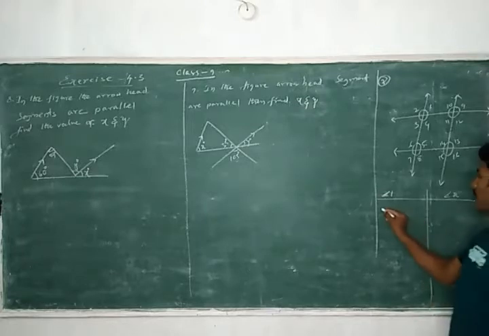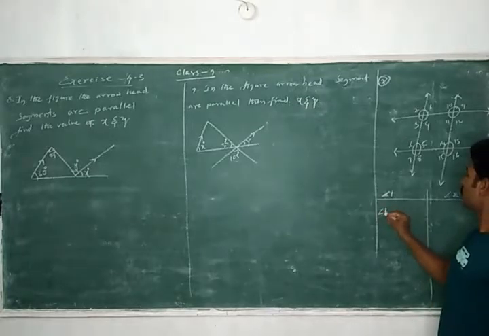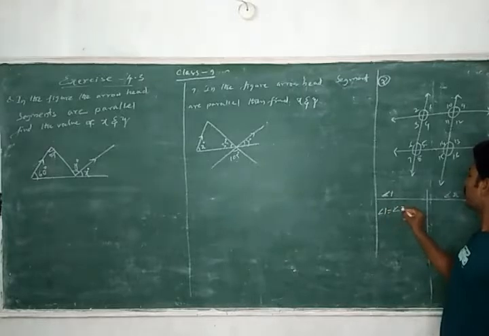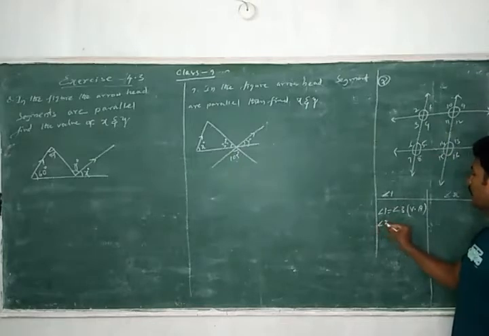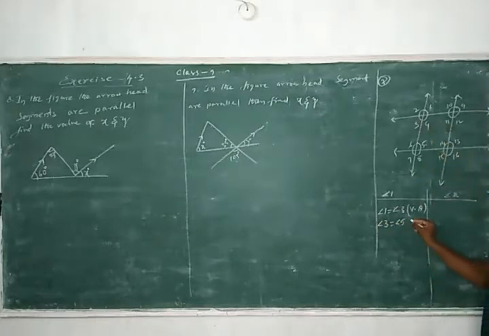Now writing here, angle 1 is equal to angle 3, vertically opposite angles are equal. Next, angle 3 is equal to angle 5, so these are alternate interior angles.